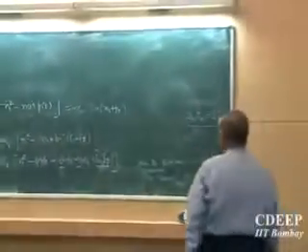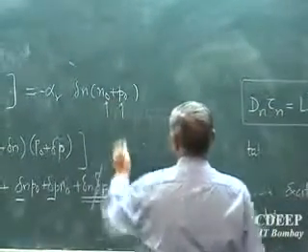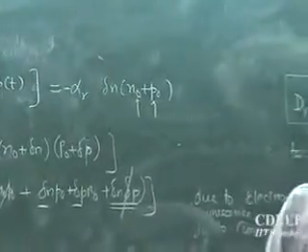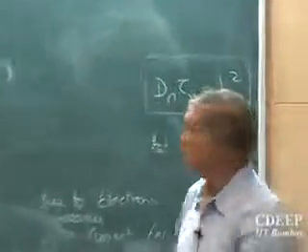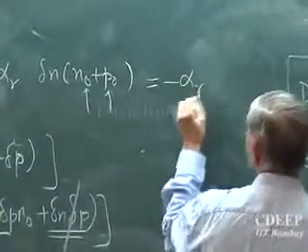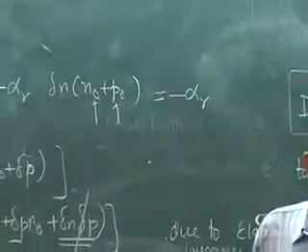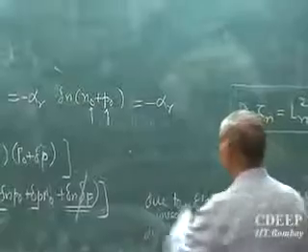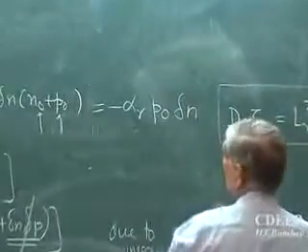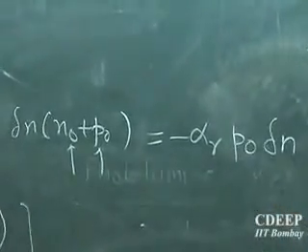However, we also said, how much are n0 and p0 related? Normally in an n-type or p-type semiconductor, one of them will dominate. Then we will say this is minus alpha r. Please remember, if it is a p-type semiconductor, p0 will dominate. Is that clear?